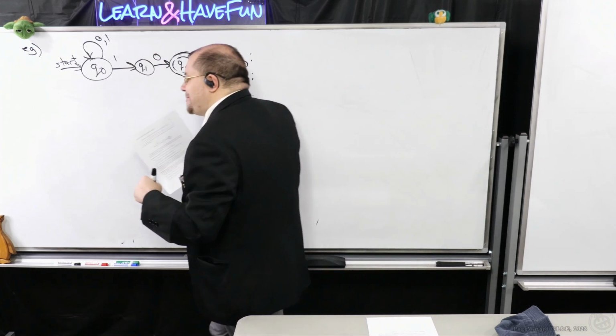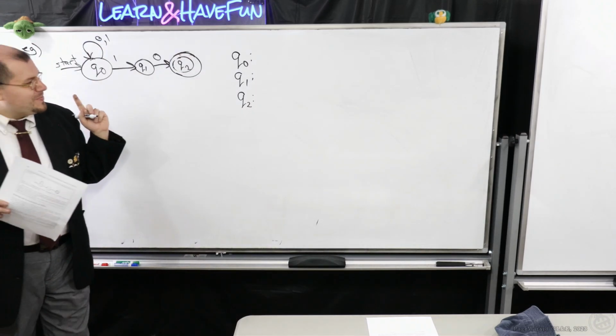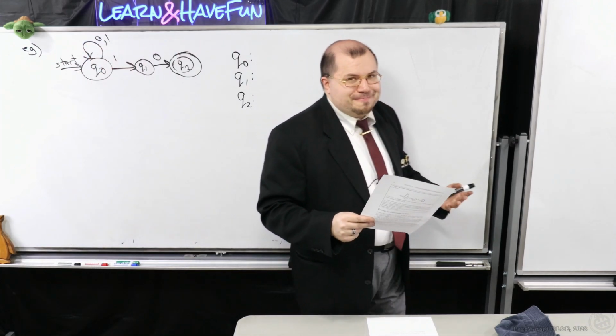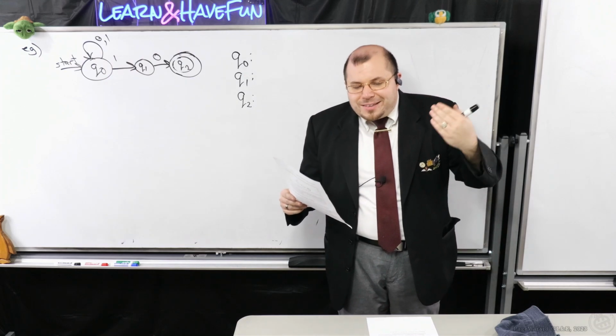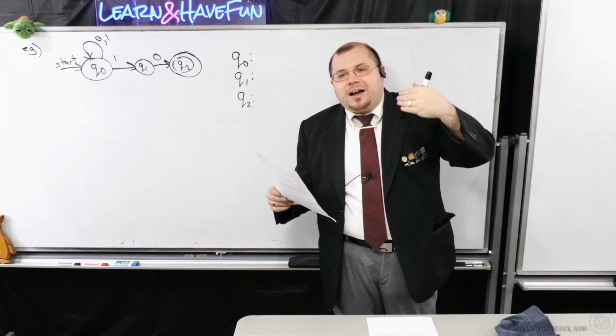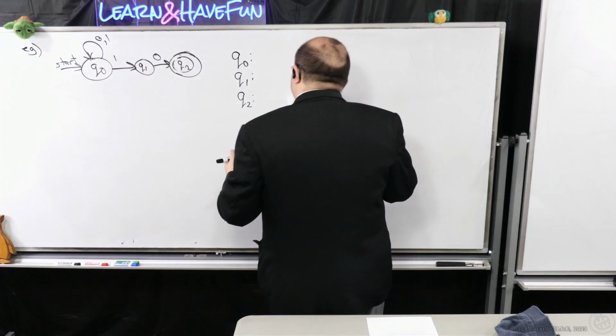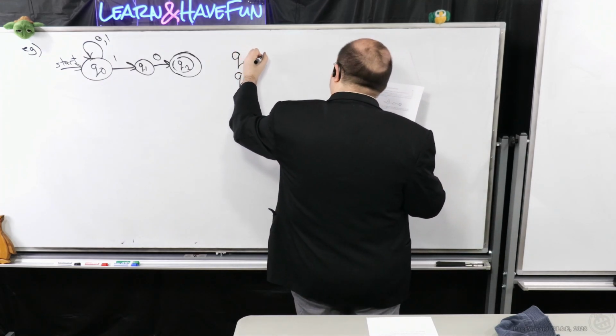I alluded to this when we were designing this NFA. Notice that no matter if you read a 0 or a 1, if you look at the states of the NFA, Q0 is always in there. So we can carefully characterize this.